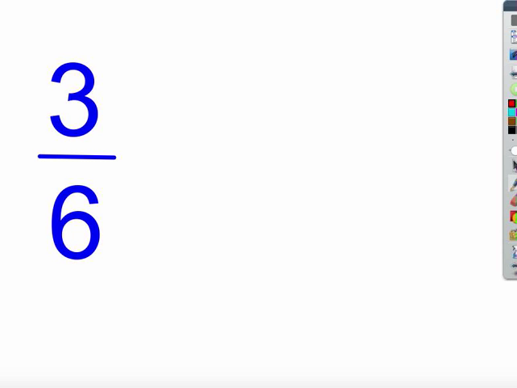Now my question to you is, what number can divide evenly into both 3 and 6 besides the number 1? Well, if you know your multiplication facts, you know that 3 goes into both of these numbers. So we're going to divide both the numerator and the denominator by 3, because it's the biggest number that divides equally into both of them.